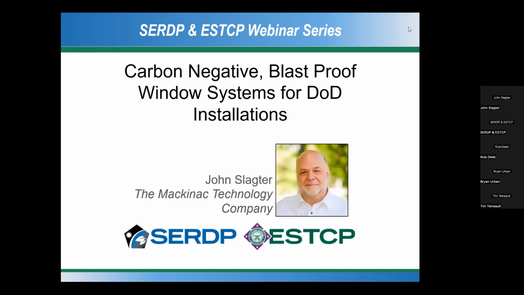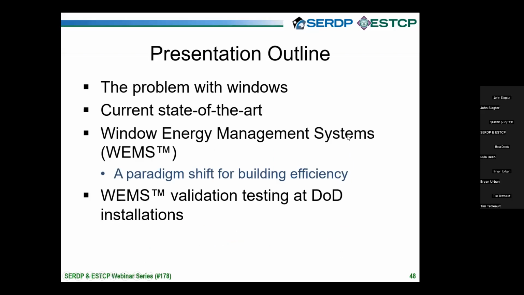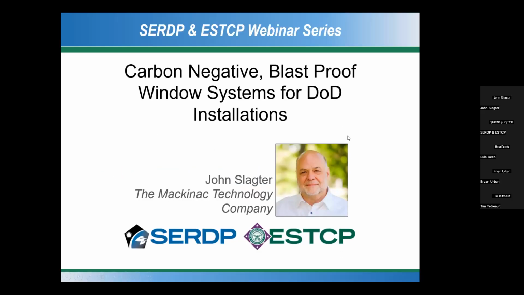Mr. John Schlechter is the CEO of the Mechanic Technology Company in Grand Rapids, Michigan. John founded Mechanic in 2007, working in partnership with Fraunhofer USA to develop insulation and energy management systems for fenestration.